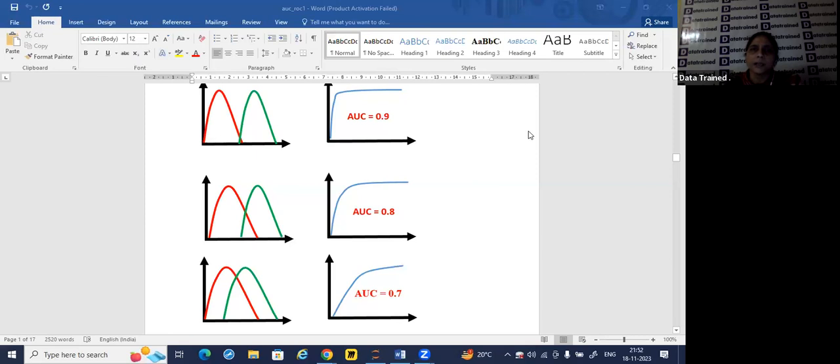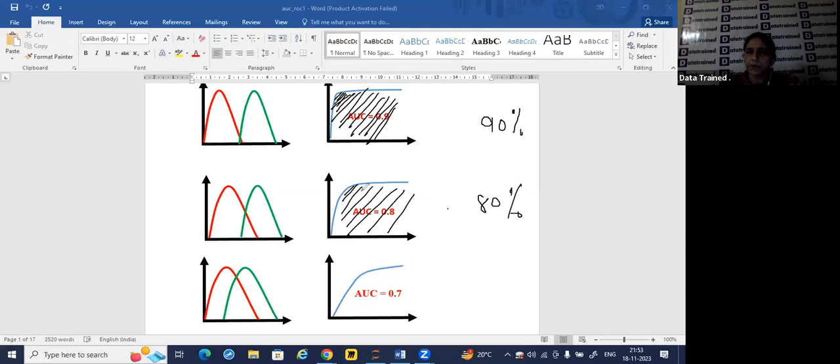If my area is less, suppose my accuracy comes down to nearby 80%, 0.8, then my area will be this much, and you can see the tilt coming here. At 0.9 the area covered starts here, but at 80% the area starts from here.